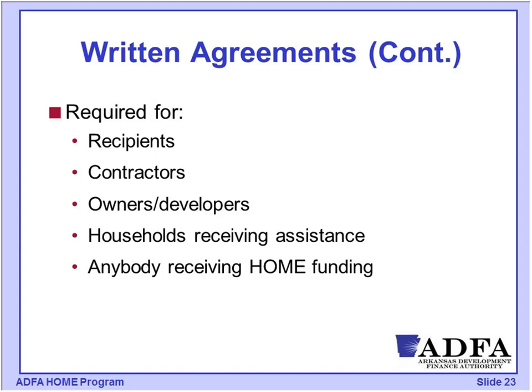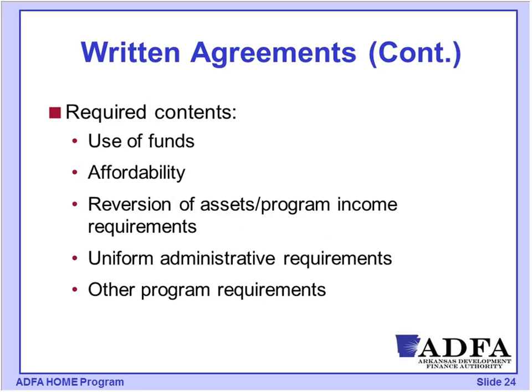Essentially, every end user and the partners along the way are going to have a written agreement in place that'll be specific to the requirements that apply to them. We'll be talking a little bit more about what goes into those agreements, and luckily ADFA has also provided you sample templates which essentially have the correct elements as part of that.